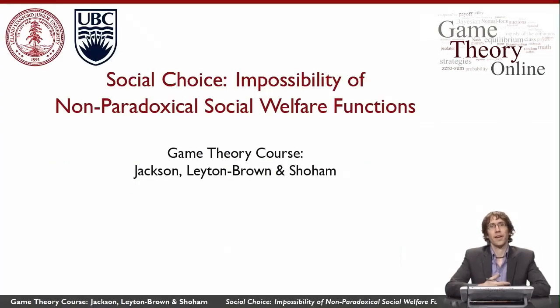This video is going to tell you at a high level probably the most important and surprising thing that we have to tell you about social choice, which is that it's impossible to come up with any social welfare function which is sensible in a particular formal way. So first of all, let's remember what a social welfare function is.